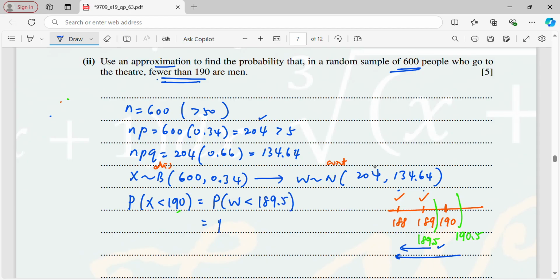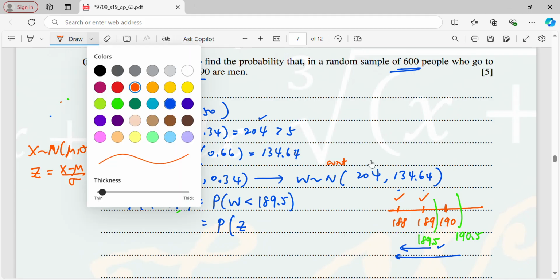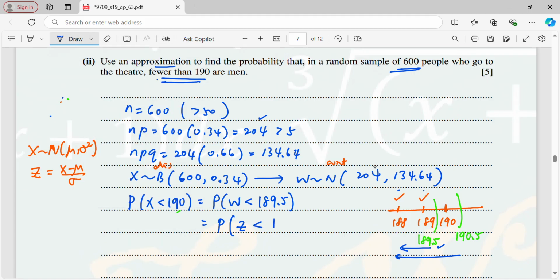So therefore from here I will standardize it. Now when you refer to the normal distribution, the standardized normal random variable is x minus mu over sigma. That means now here I will write less than 189.5 minus 204 over square root of 134.64, because that is the variance, and now we need to divide by the standard deviation.